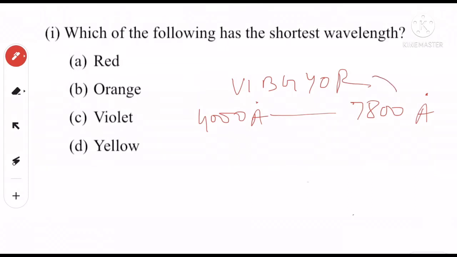Red has the longest wavelength, and the other colors lie between 4000 and 7800 angstrom. That is, lambda V is less than lambda R. Wavelength of red color is greater than wavelength of violet. So the answer, shortest wavelength, is C, violet color.